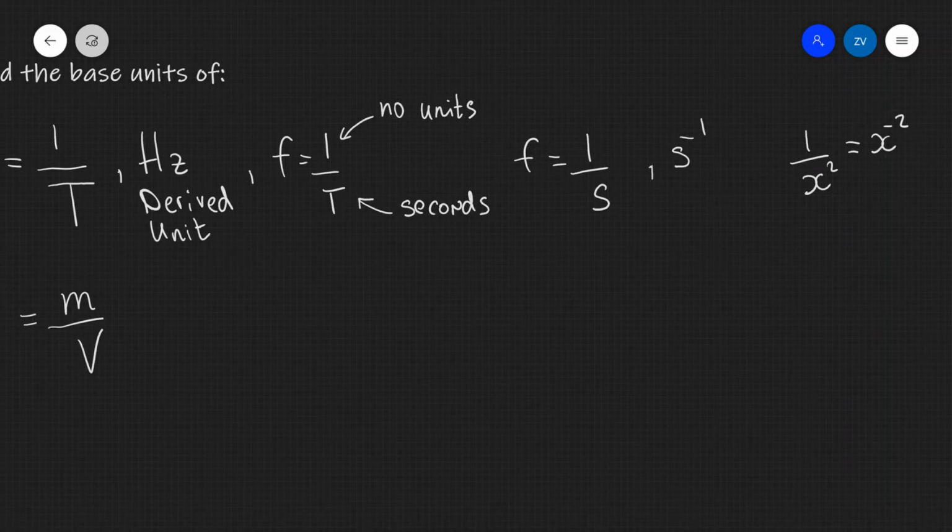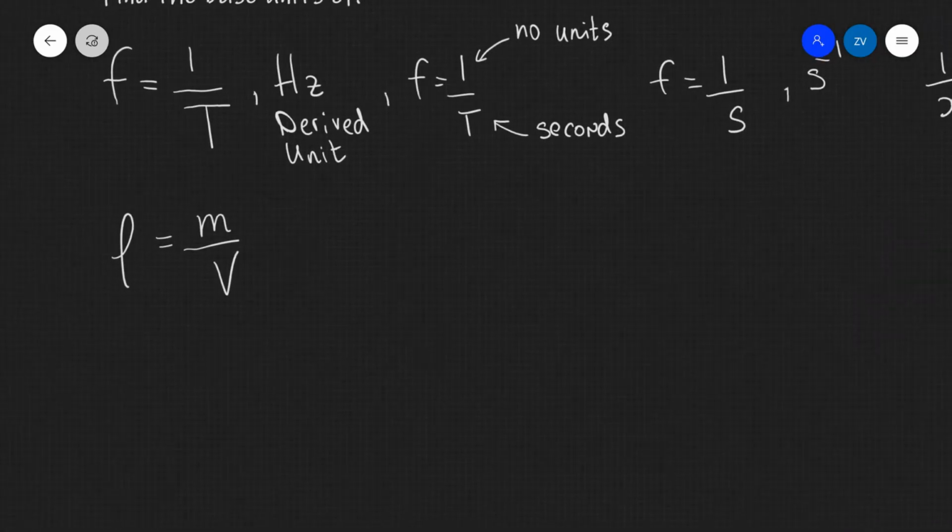Okay, let's have a look at the next one over here. So the base unit for density. Just as before, we will think about the units of each of those individual quantities. So mass is measured in kilograms, that's the base unit for that, and the volume is in meters cubed. So the base unit for density is actually kilograms divided by meters cubed.